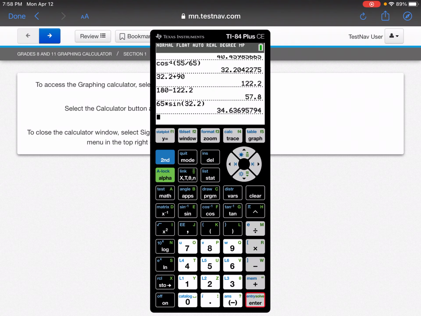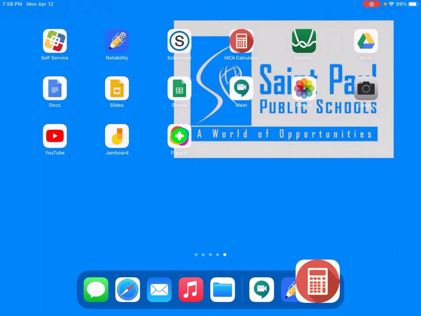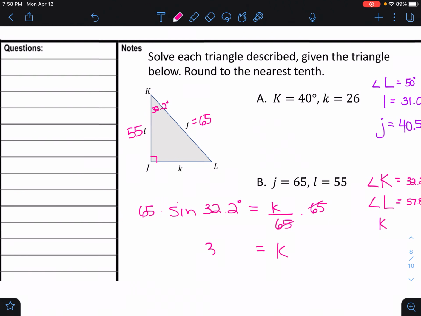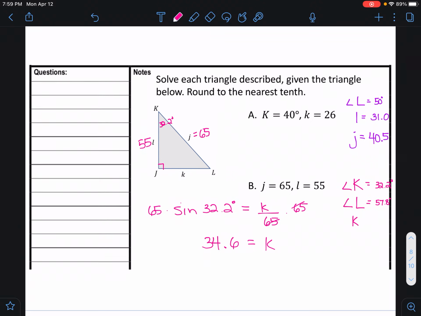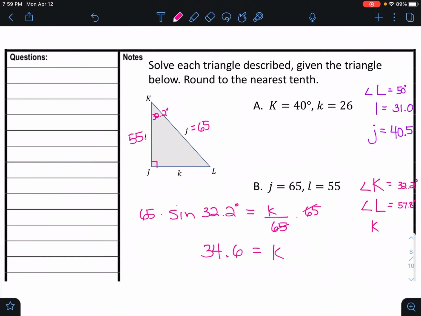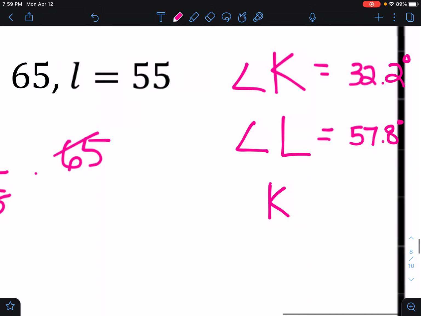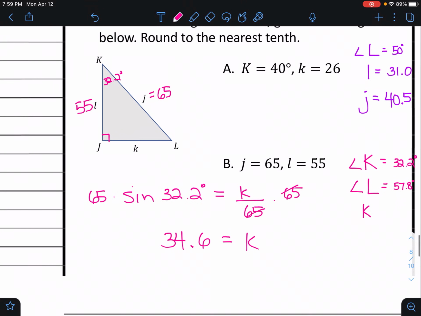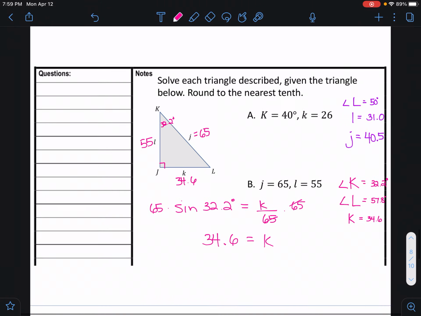And we get 34.6. Now be careful, this is not an angle, this is a side. So don't put a degree symbol on this. Make sure you know which one you're doing here. So that side is 34.6 units long. Okay, so this would be 34.6. All right, and now you've solved that triangle.